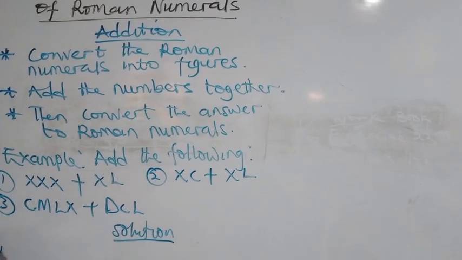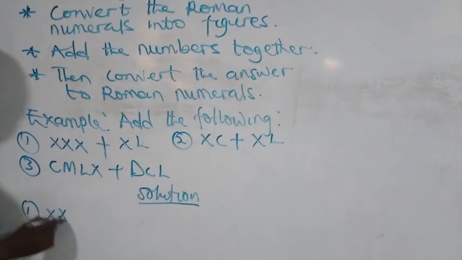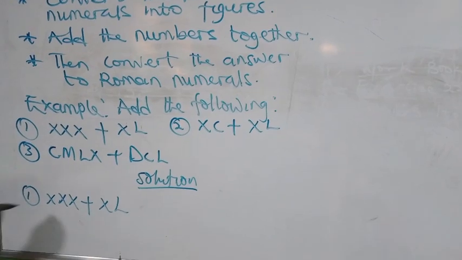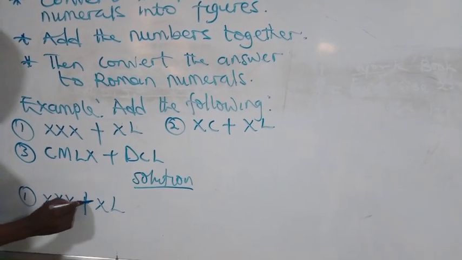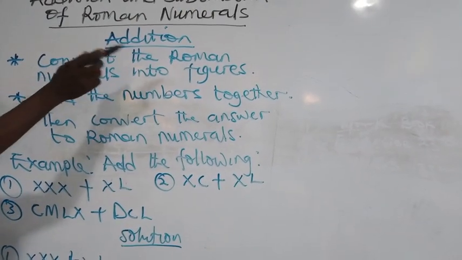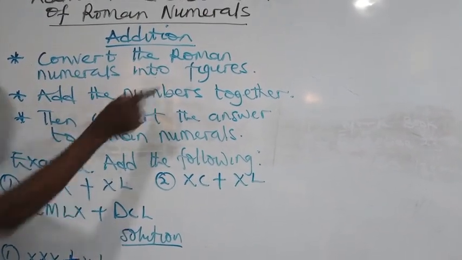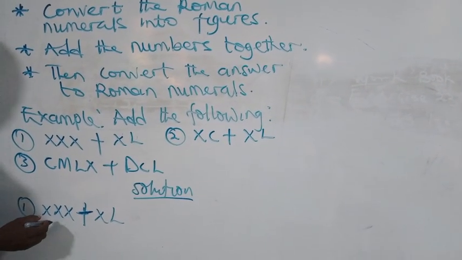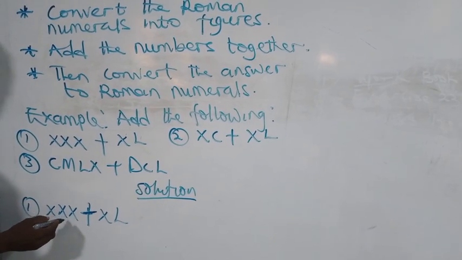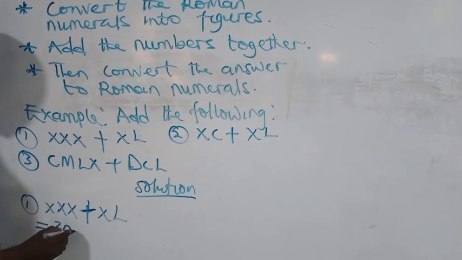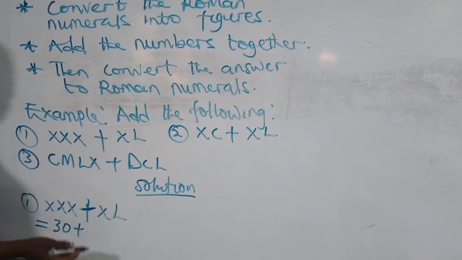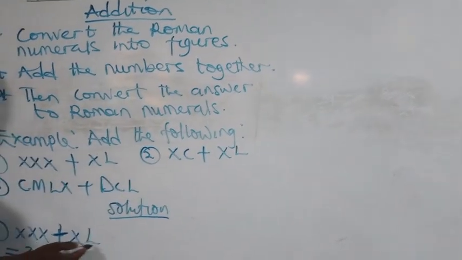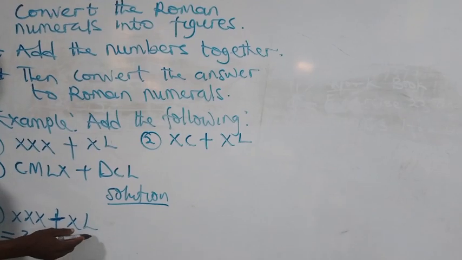The solution for number one, we have XXX plus XL. Now let's go back to our rule. Rule number one, convert the Roman numerals into figures. XXX, X is 10, so when we have triple X, we have 30. XL, I told us in the previous video that when we have the smaller number before the bigger number, it is subtraction.